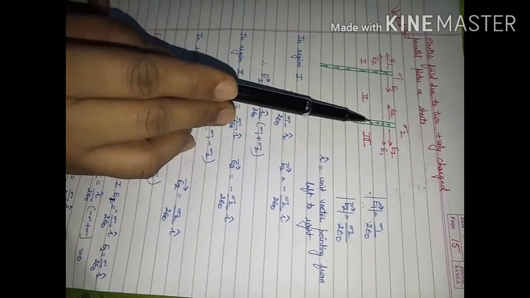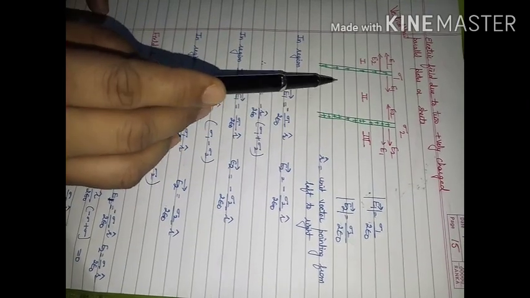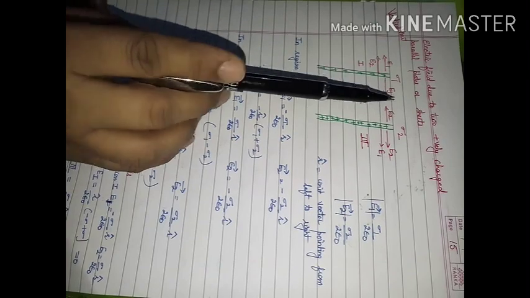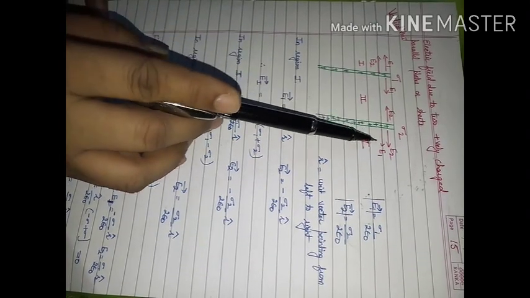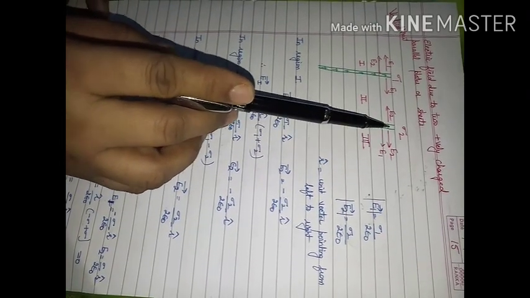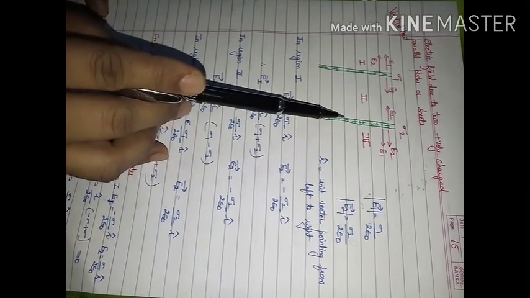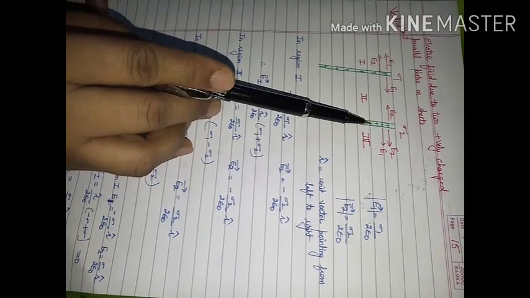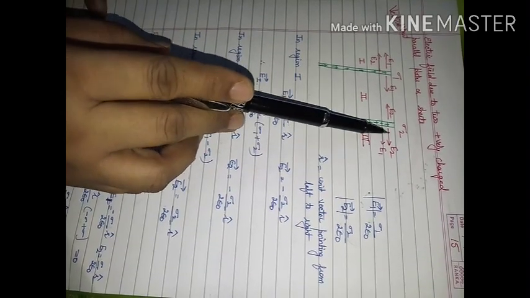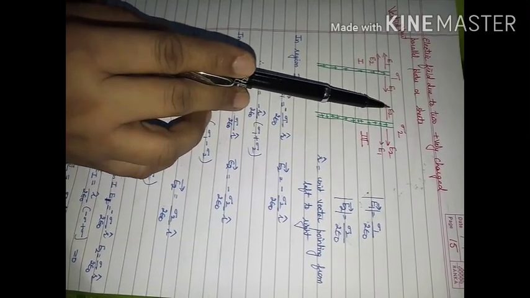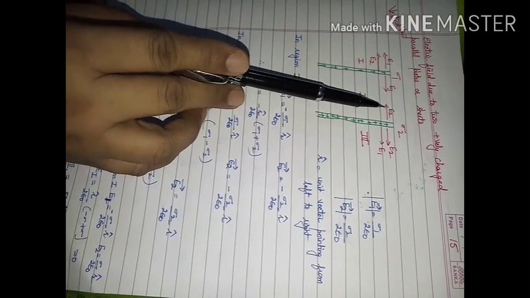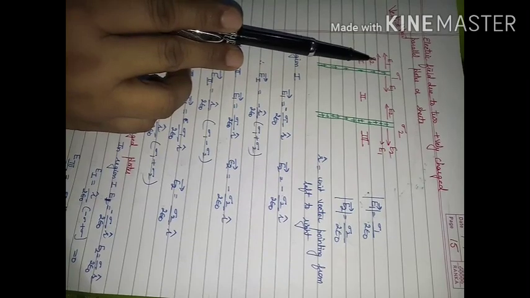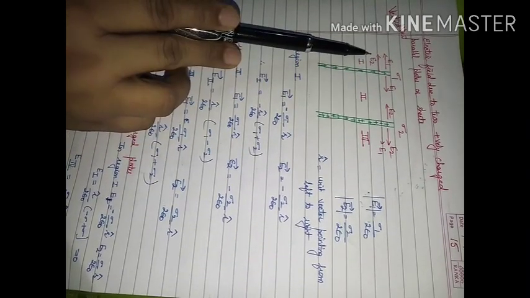Whether you keep the second sheet or you don't, the direction of E1 because of this positively charged plate will remain the same, and this is also a positively charged plate. So the direction of the electric field intensity because of this plate is outward, this is outward, and on this side also it will be in the outward direction.